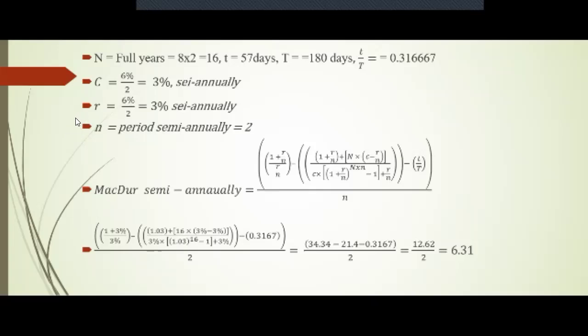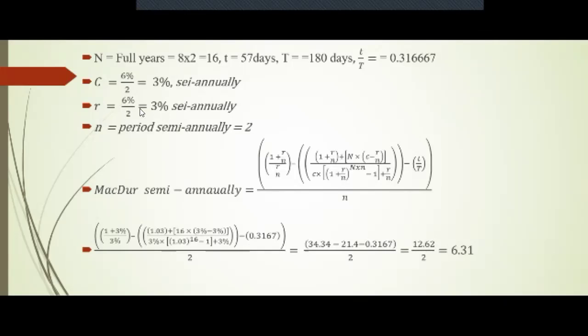That means 1 plus r divided by N, plus N, which is 16, multiplied by c minus r, divided by c times the quantity 1 plus r divided by N to the power N minus 1 plus r, which we already got here.